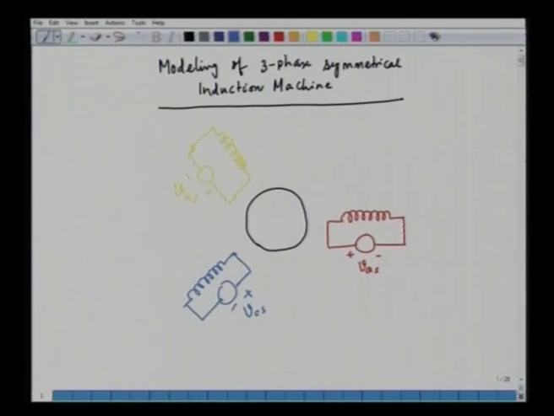And the rotor also has 3 windings. We can similarly show the rotor windings as AR and then BR and then CR.